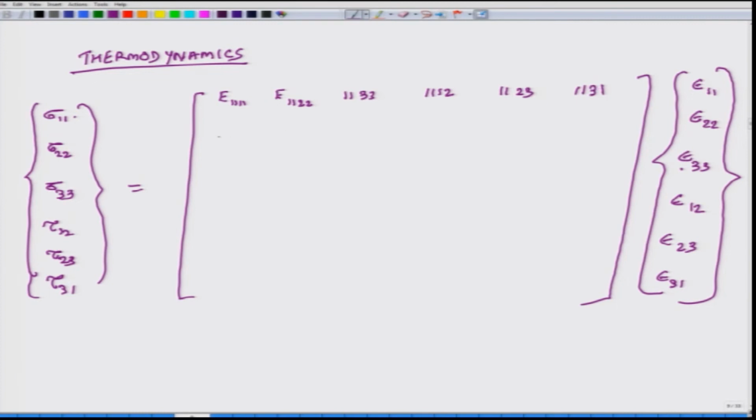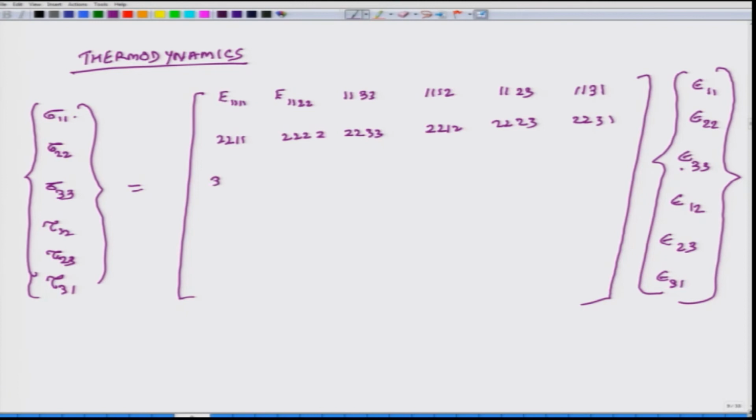Likewise, the second row will have 2211, 2222, 2233, 2212, 2223, 2231, and so on and so forth. Using this concept, you can develop the whole matrix. We will just write one more row.